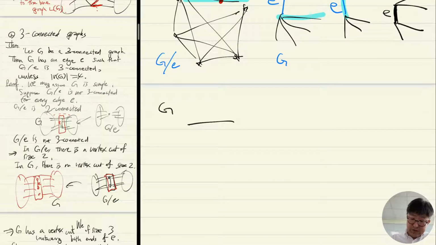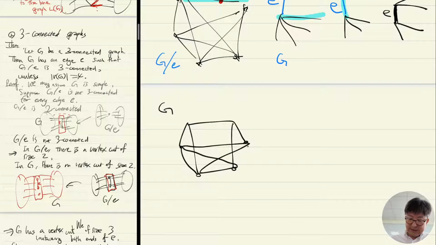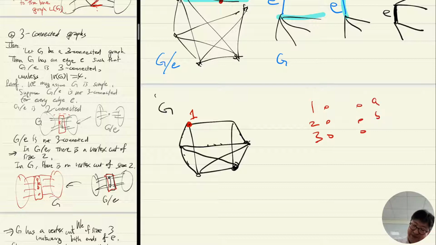So G may look like this, and you have a subdivision like this, in G. And in this case, what I do is find the K33 topological minor. How? Well, let's say this is 1. So I'm going to have 1, 2, 3, A, B, C, and A, B, C is my choice.